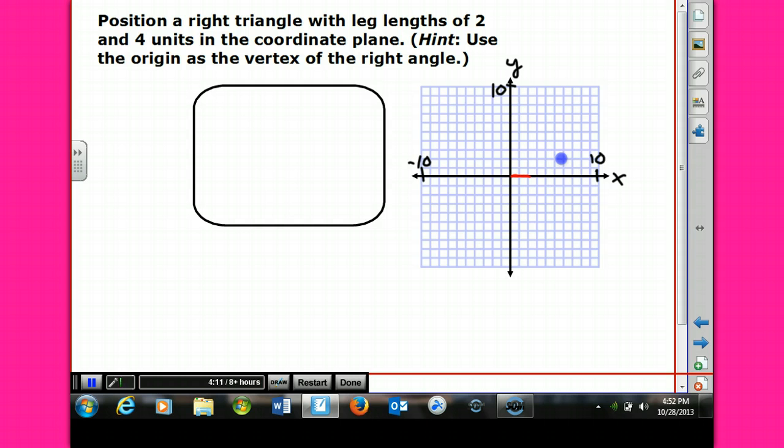There's a leg length of 2, and the other leg length is 4. 1, 2, 3, 4. Okay, and so I have my right angle right at the origin, right? And so now we just complete by completing the final side. On paper, definitely use a ruler. Okay, and there we have it.